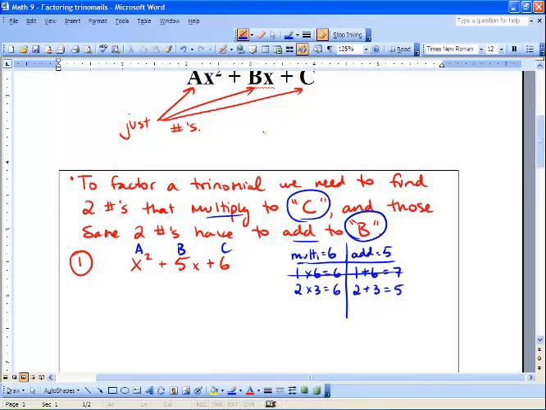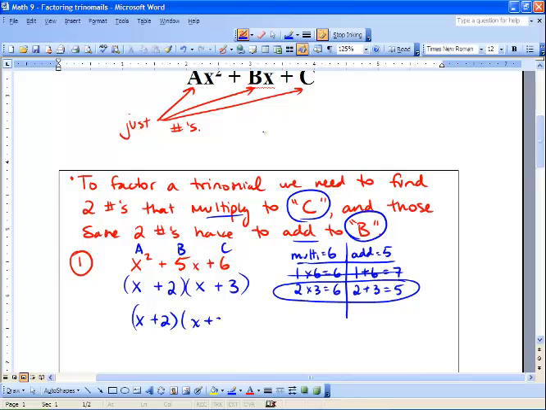So now that we know our two factors, what do we do? We have to make a multiplication statement. So we put an x here and an x here, because that's going to give us x squared when we FOIL. And then we go plus 2 and plus 3. And every single time you can check your answer. So we get x plus 2 times x plus 3.